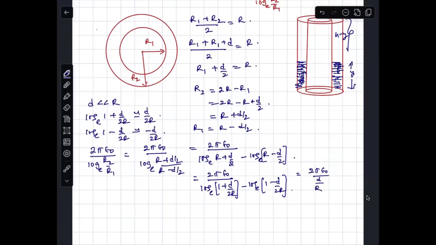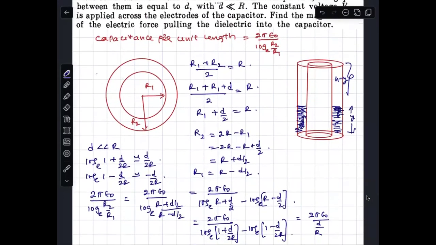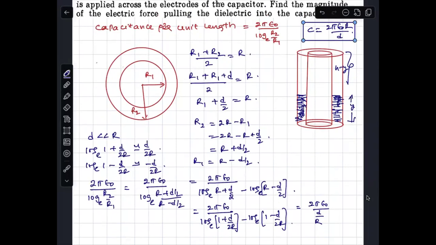This is the question. I have nothing to do with this data till now. The only thing you need to know in this question is that the capacitance is 2 pi epsilon naught R by D. This is one way, the foolish way of solving things.